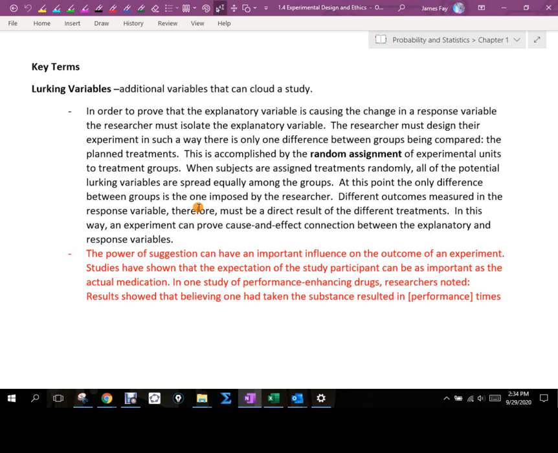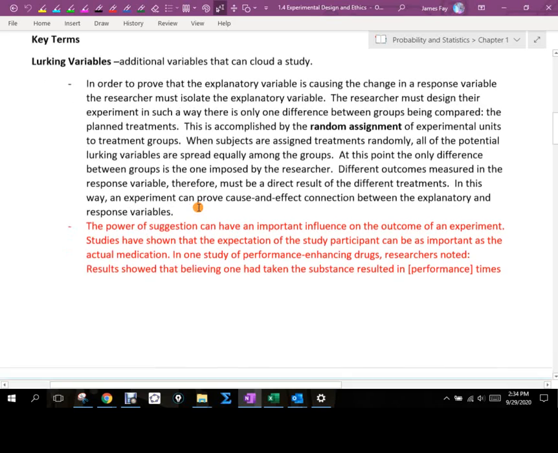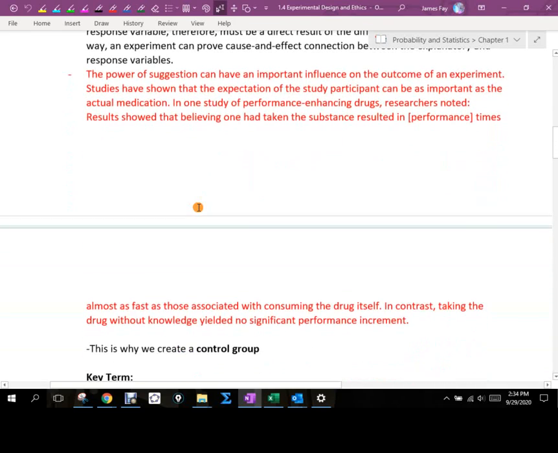Okay. One thing we've got to pay attention to is power of suggestion. If I say in a survey, why is chocolate milk bad for you?